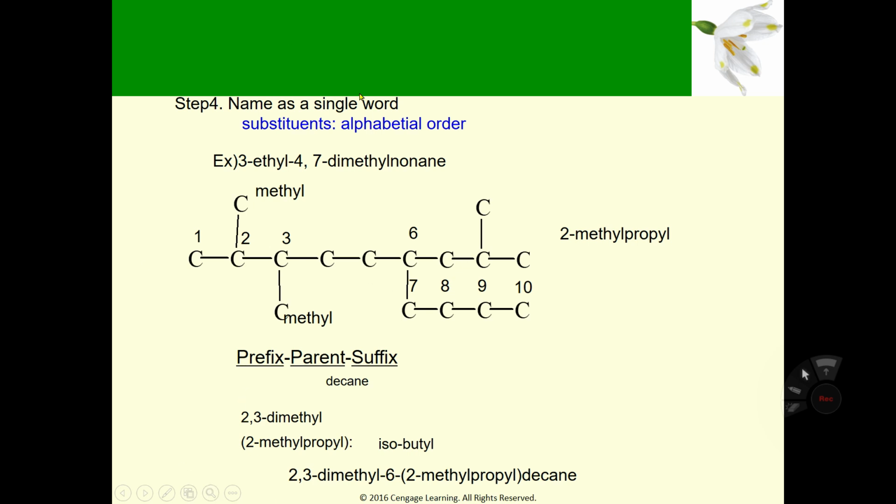And arrange the name as like a prefix, and you have the locant in front of the prefix and parent and suffix. So if the parent is decane, it should be ANE because it's an alkane. And prefix should contain the substituent like a methyl, 2-methyl propyl.